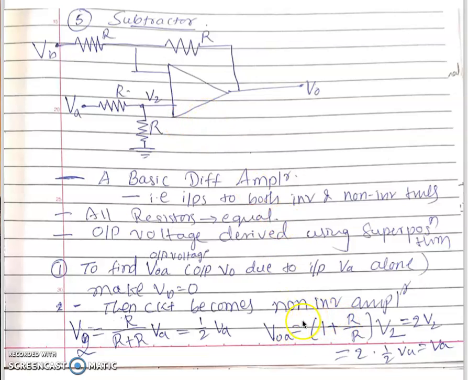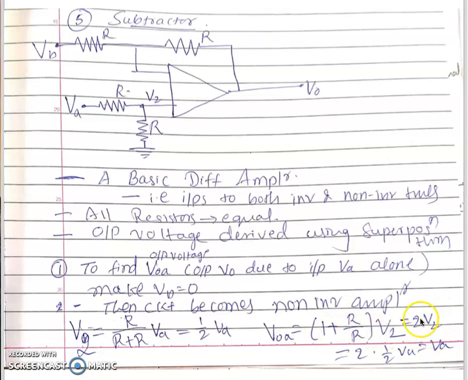And how do we calculate the output voltage in non-inverting mode? It is equal to 1 plus RF divided by RI, into the voltage applied to the non-inverting terminal, V2. If you simplify this, it is 2V2.